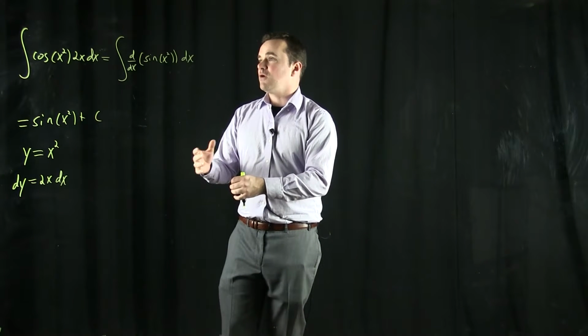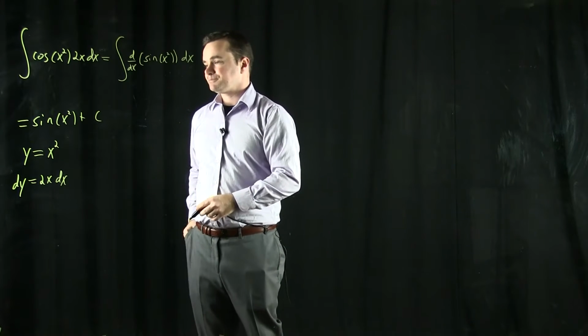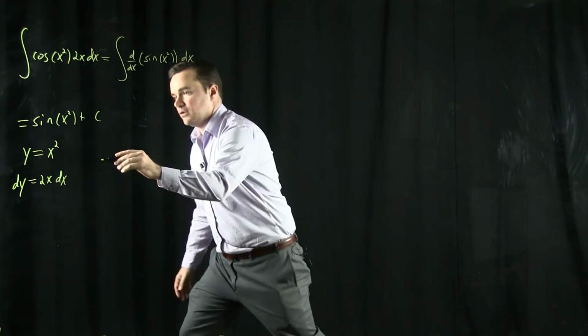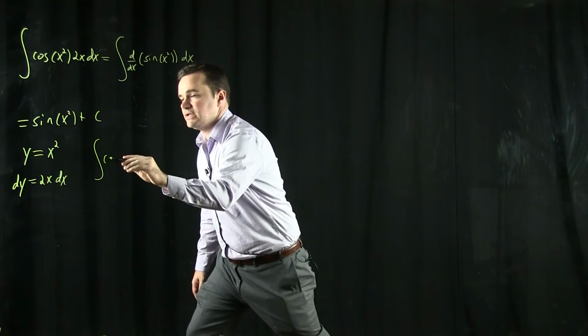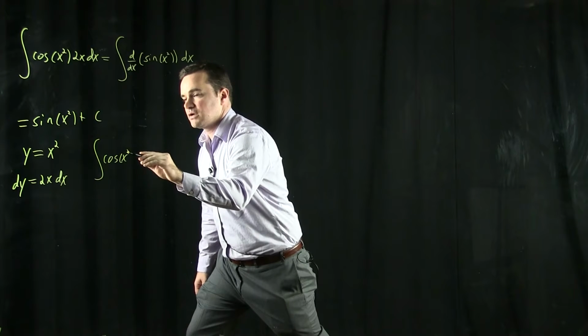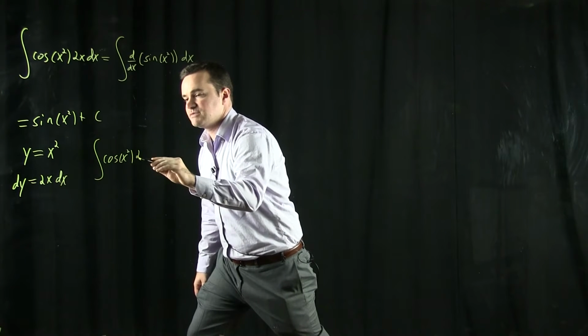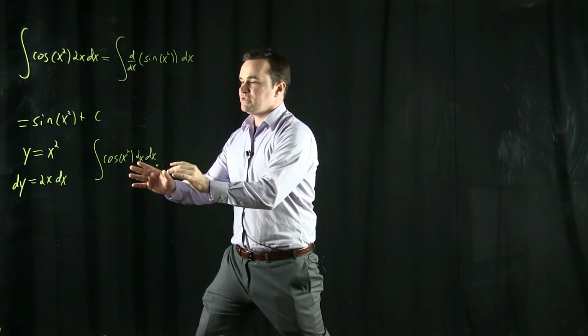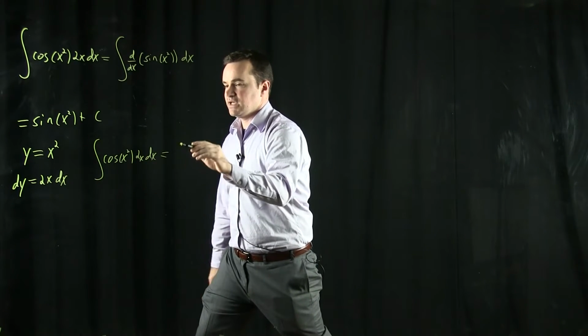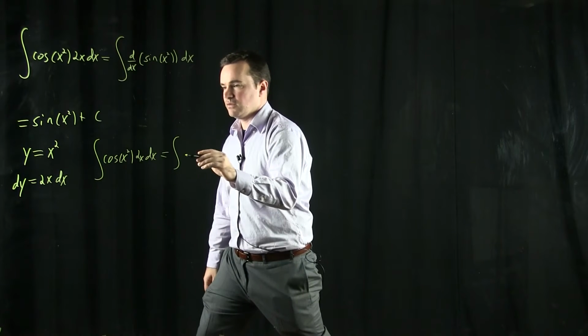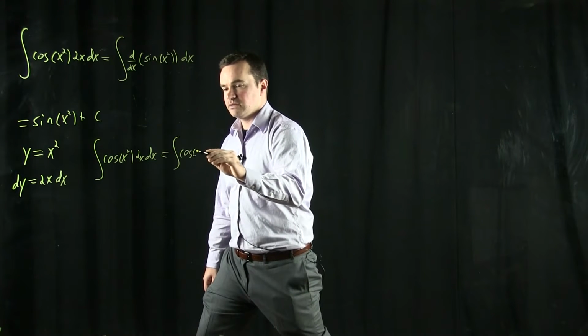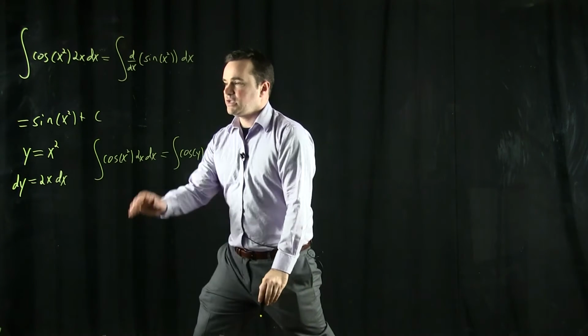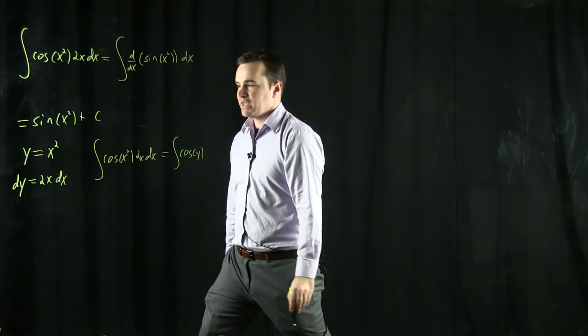So then you can go back to this integral. I'll even write it again, clean slate. Cosine of x squared times 2x dx. And you can just directly make these substitutions. So you can say, look, this is equal to the integral of cosine of y, because y is equal to x squared.